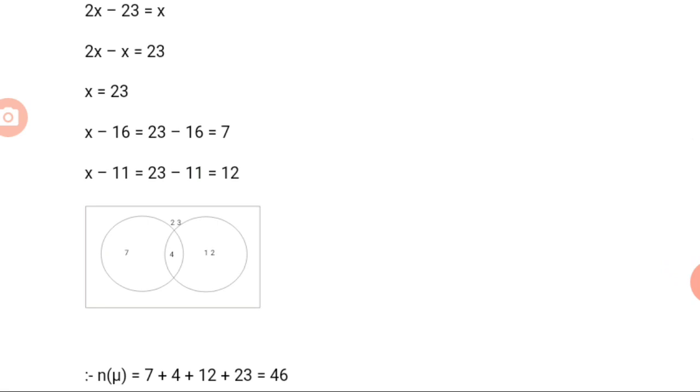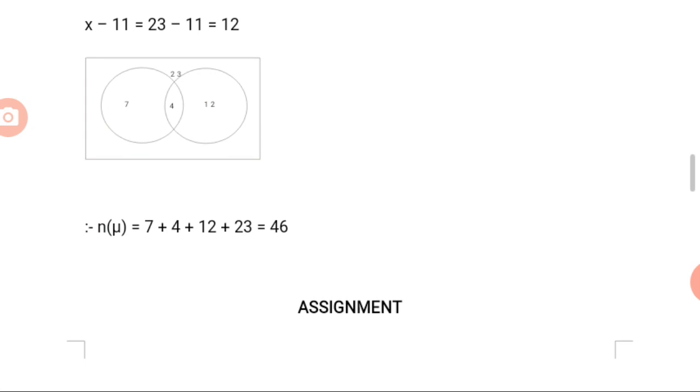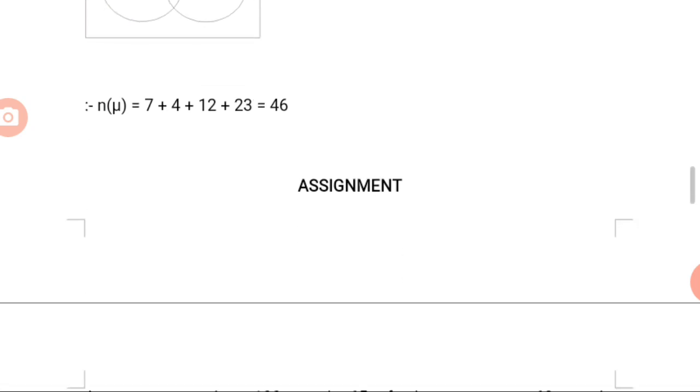Are we together? Then you have 23 as the value of x. Therefore, the number of the universal set in this case will be 7 plus 4 plus 12 plus 23, which equals 46. Are we together?